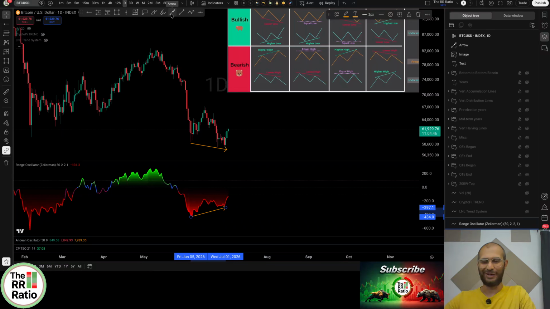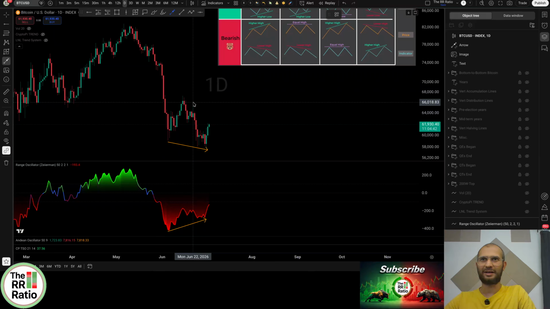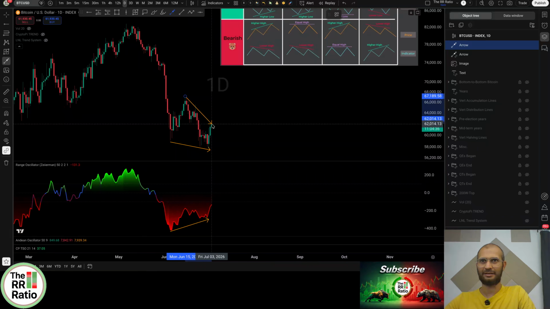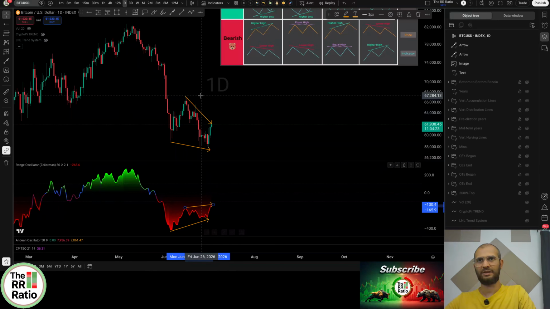Same, bearish divergence. So here I see, if I take it from June again, from here, the price is making lower highs, and the range oscillator is making higher highs.